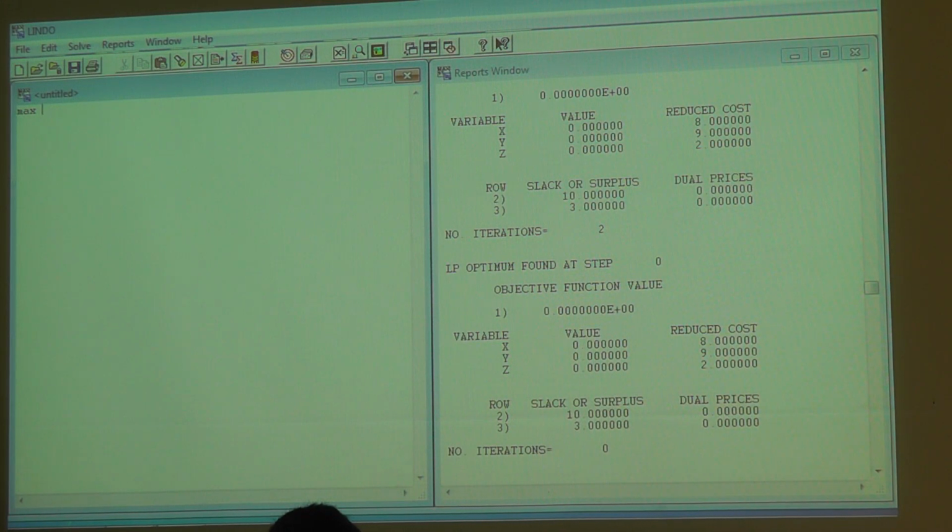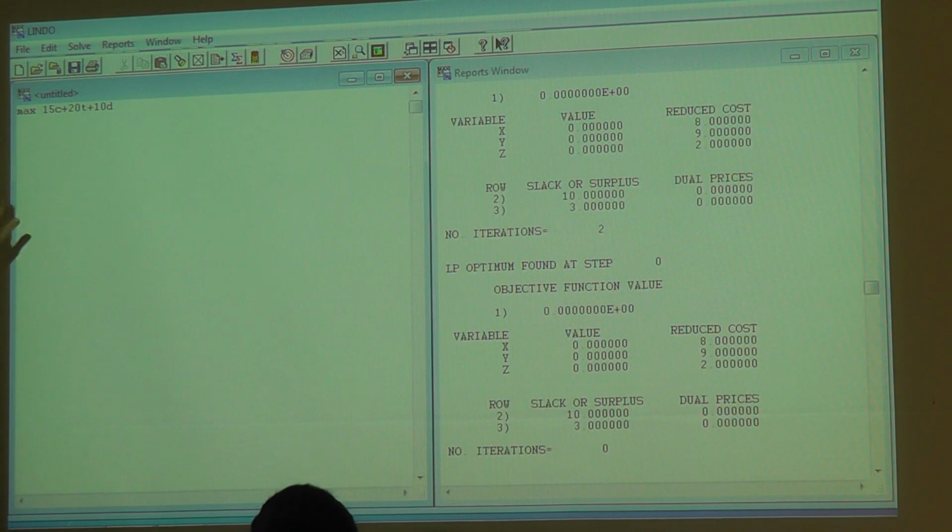If you want, you can use meaningful names for the variables. It accepts any name up to 8 characters. So, let's say 15 chairs, plus 20 times tables, plus 10 times doors.